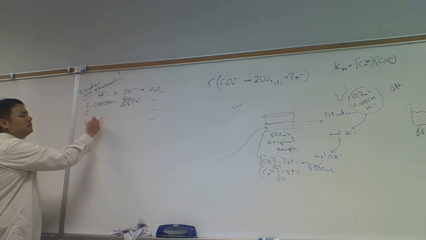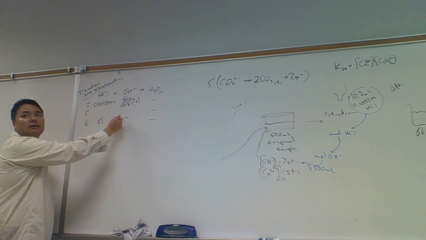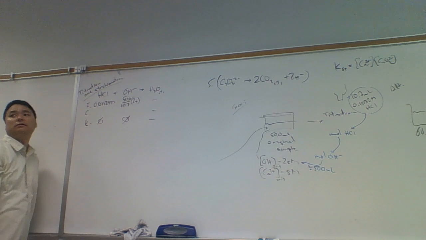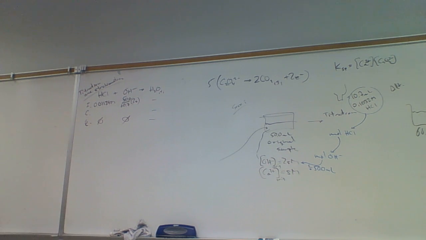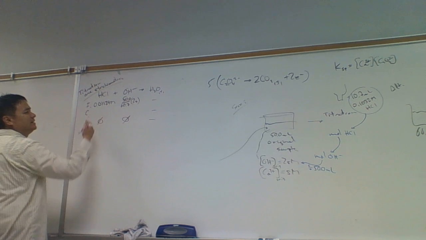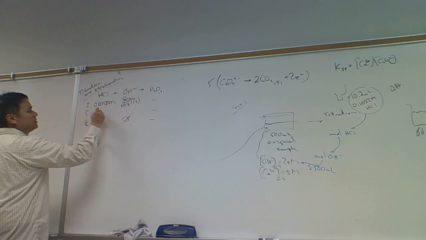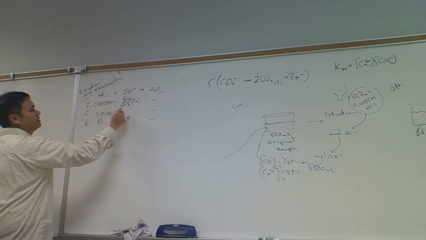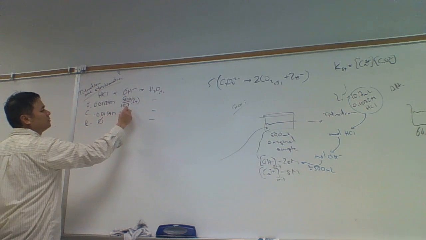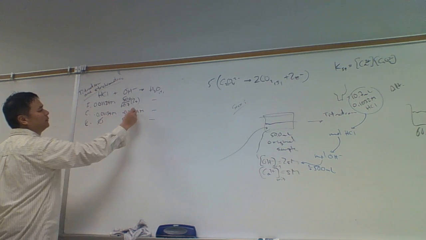If we hit the equivalence point, then we should have neutralized all the acid and all the base. So we end up with 0 and 0, because K for this is very, very large. That means this must be minus 0.01139 molar, and this must be minus 0.01139 molar here.